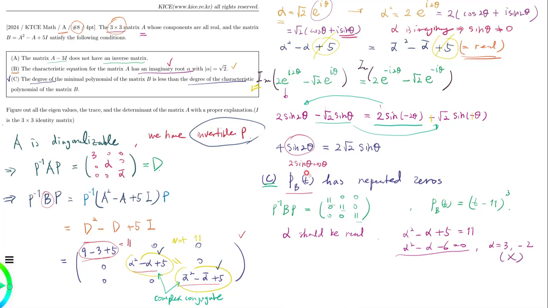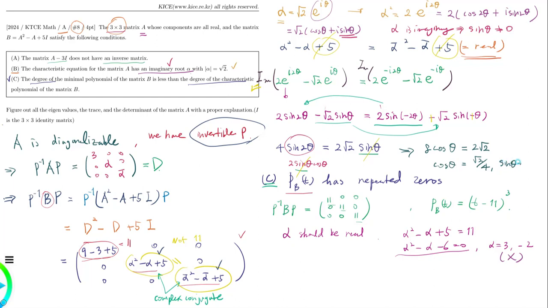So this sine of theta is not 0, so we can cancel them out, and what's left is 8 times cosine of theta should be 2 times square root of 2, and we get the following values.